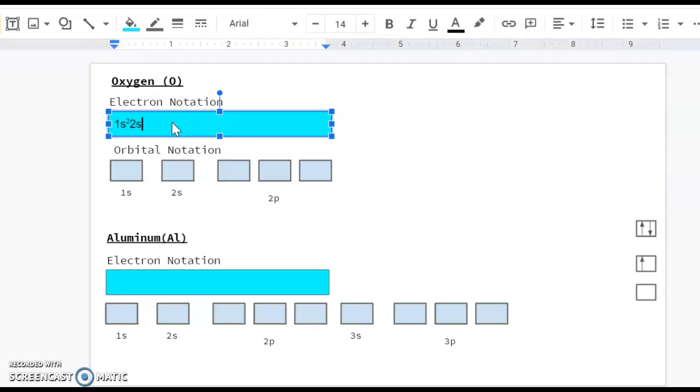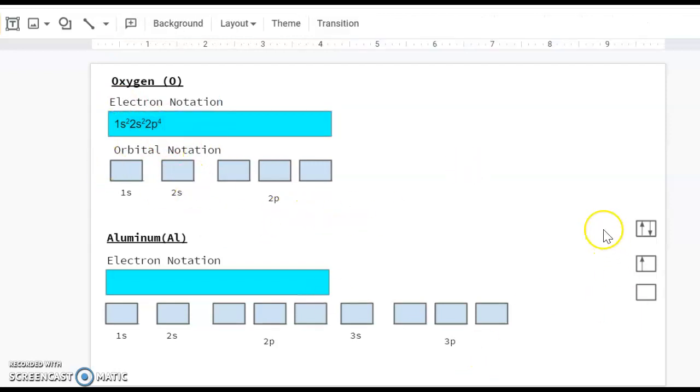So that's 1s2, 2s2, 2p4. You'll notice that all of the electrons add up: 2 plus 2 is 4, plus 4 is 8 electrons. Oxygen has 8 electrons. Another way to check: in energy level 2, oxygen should have 6 valence electrons. It's in group 6, so that matches as well.